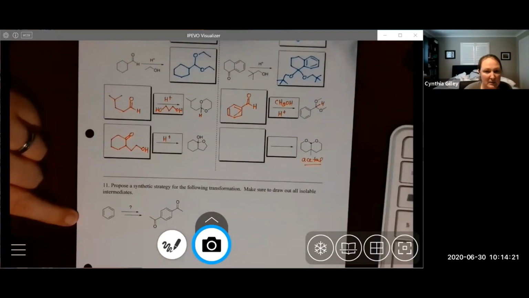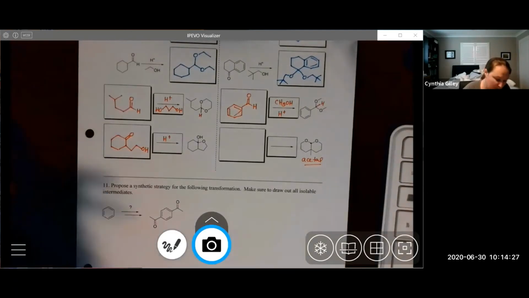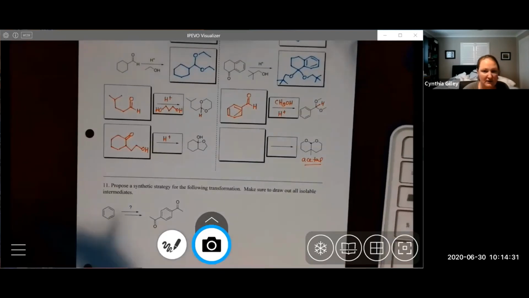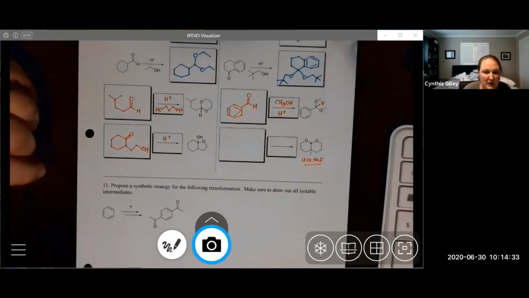So that could be from a similar sort of reaction to what we've been doing. The way to think about this is to deconstruct it to something you might have been able to recognize before. So how do we make acetals, right? We make them with alcohols and a carbonyl.